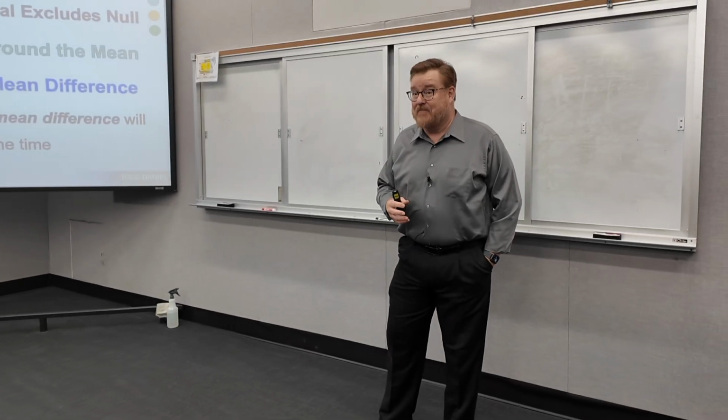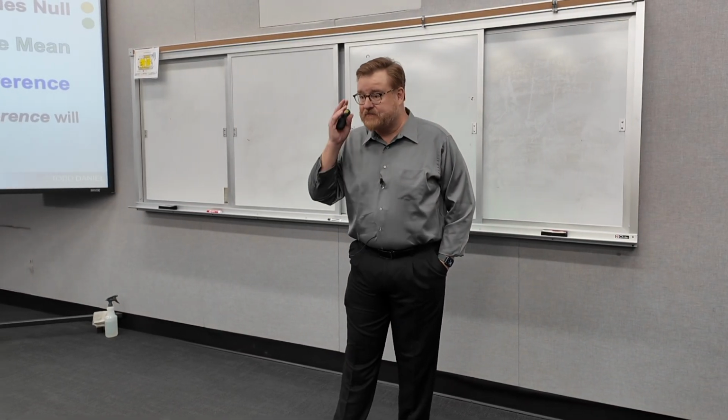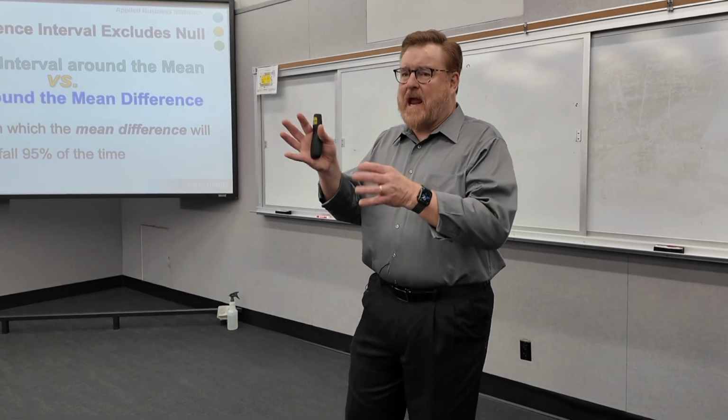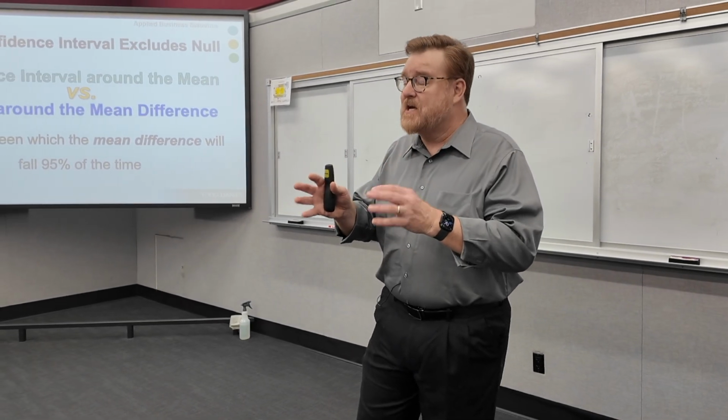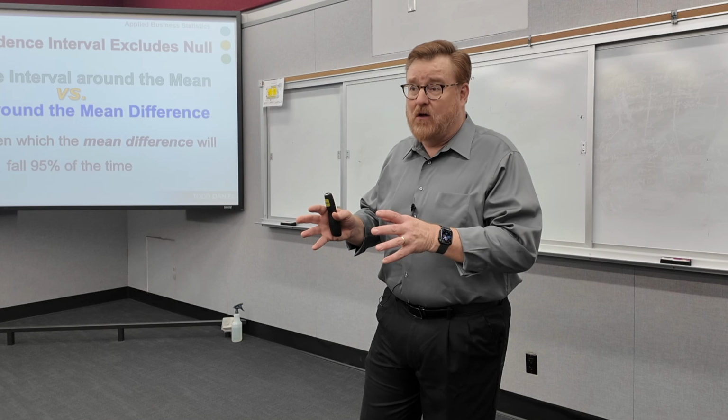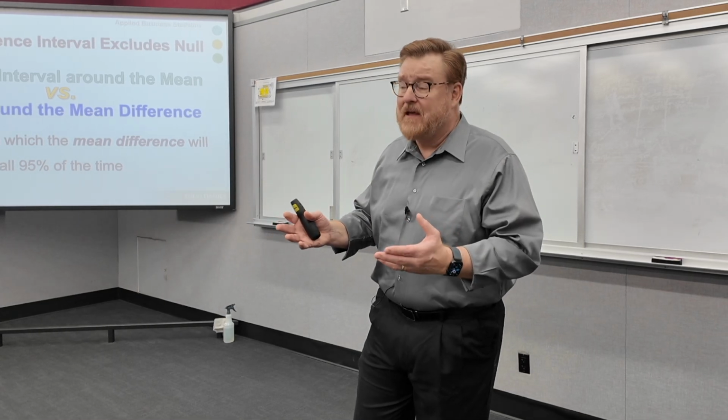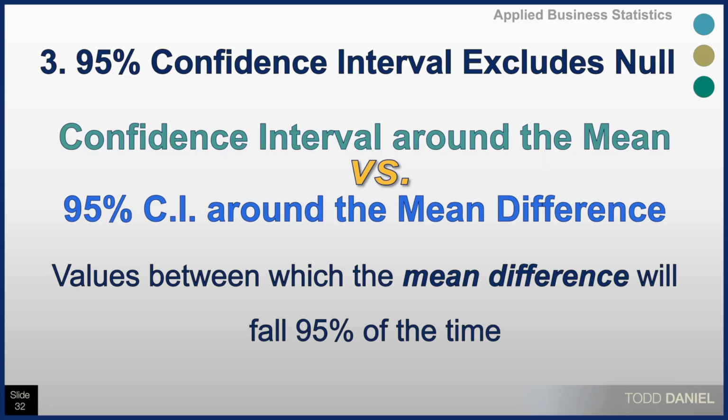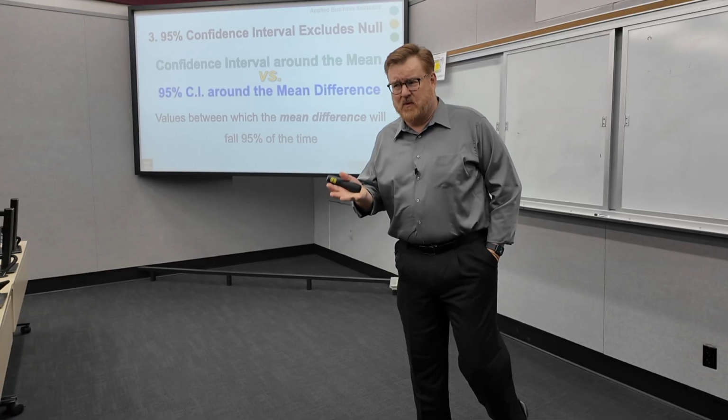The third way that we can interpret p less than 0.05 is by looking at the range of values into which a mean is likely to fall 95% of the time. This could be a confidence interval around the mean, the actual number, or it could be a confidence interval around a mean difference. So what is that?